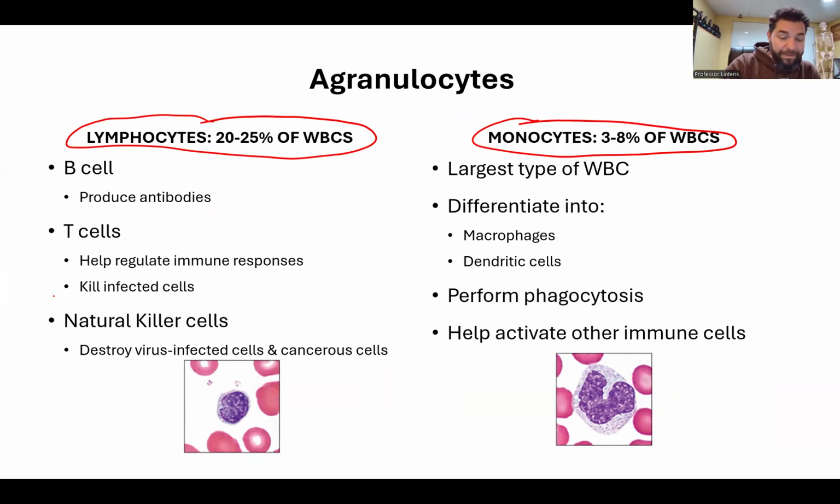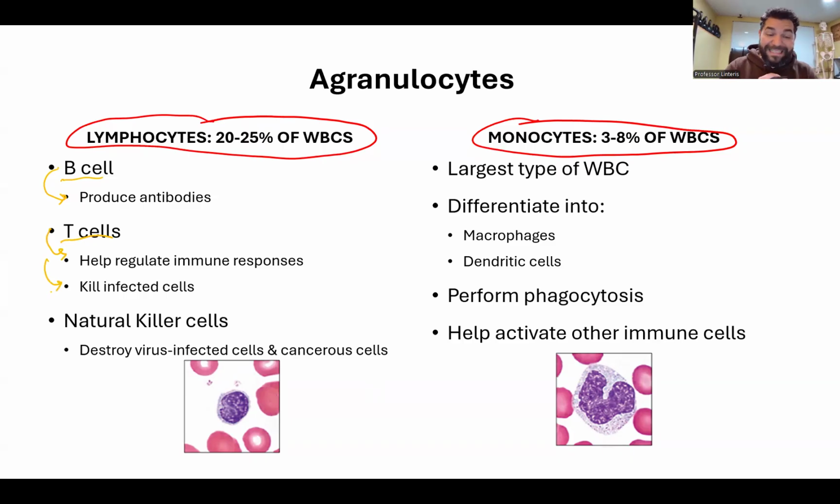The B cells are very important, and we will talk about them a lot because they are responsible for producing antibodies. Antibodies are a protein that's specifically designed to attach to something. And we'll go through the whole process probably on Monday. T cells help regulate immune response.